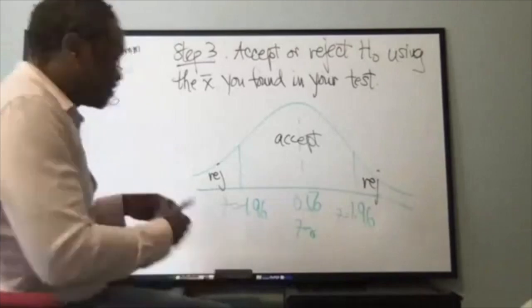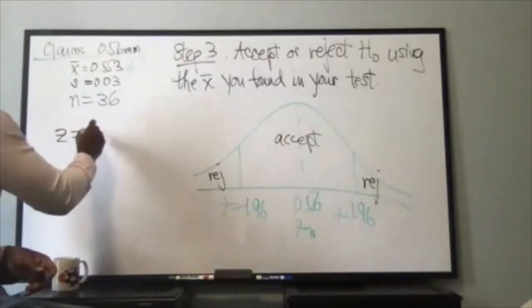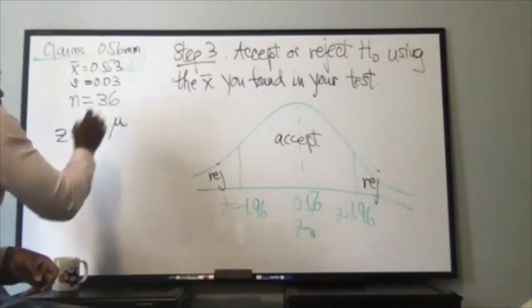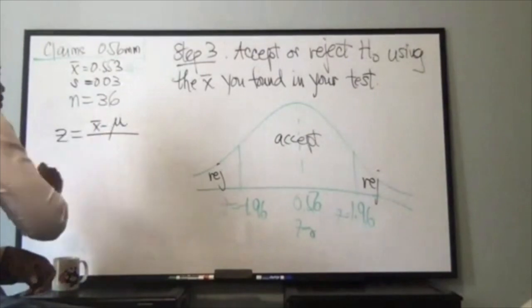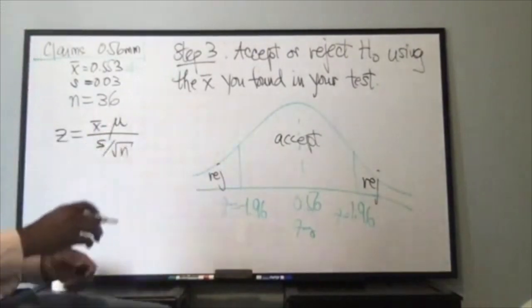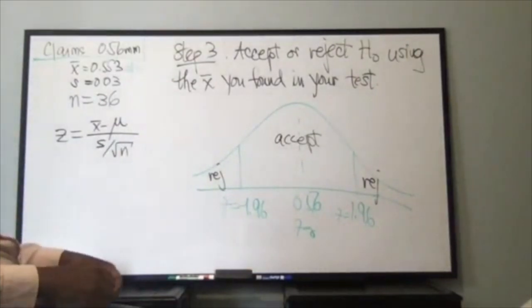Okay? And we have to use this formula. Z equals X bar minus mu over S over square root of N. Long story, but that's what it is. Okay?